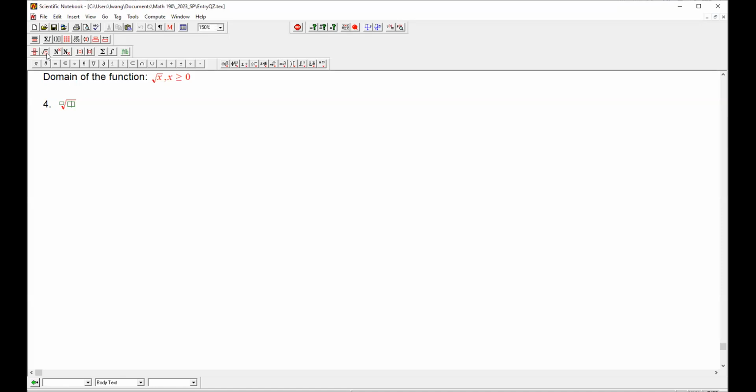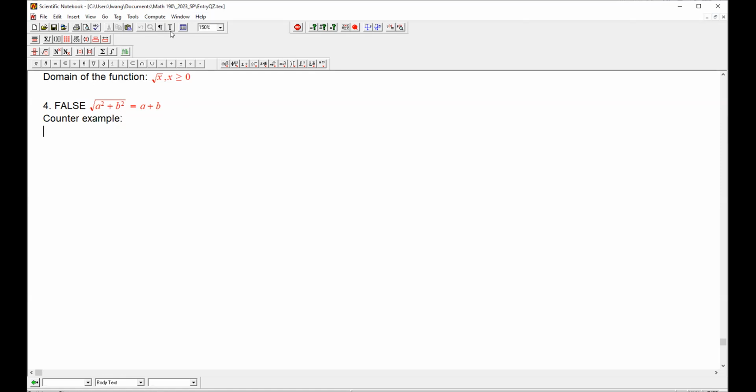Square root of A squared plus B squared equals A plus B. It is false. Why is it false? Well, you just have to have a counterexample.